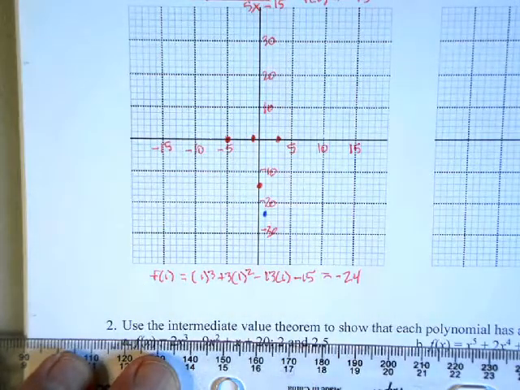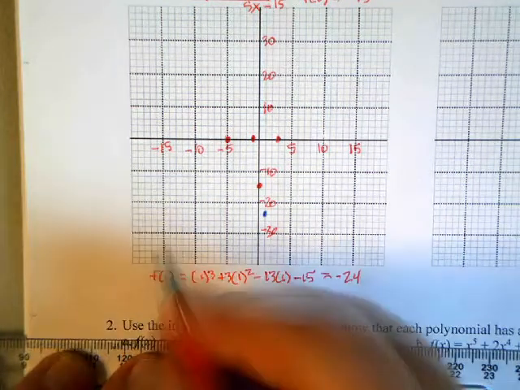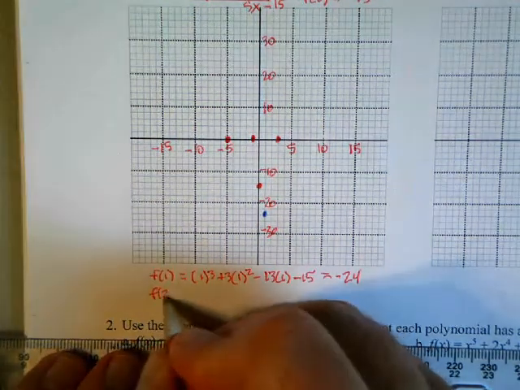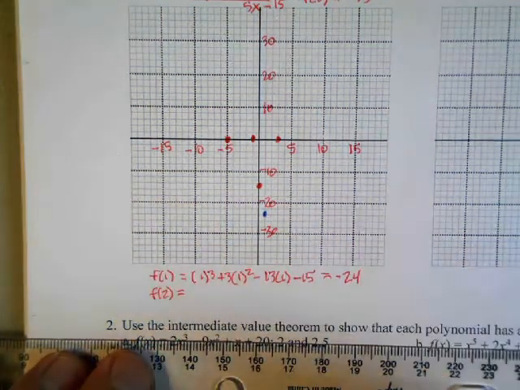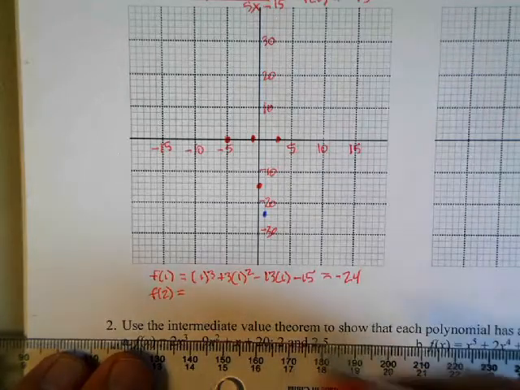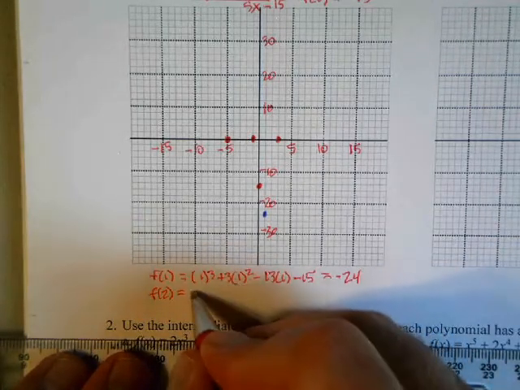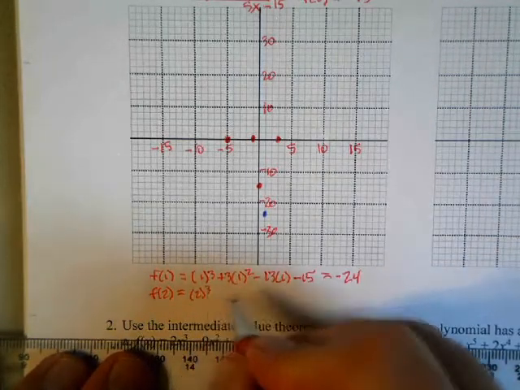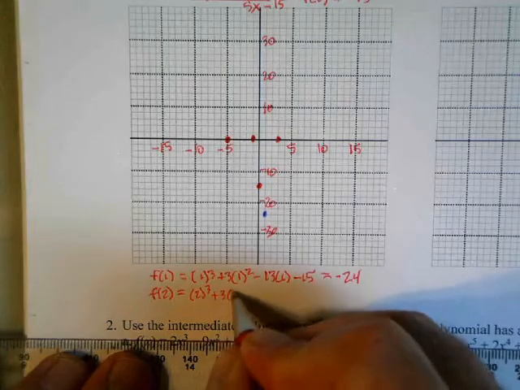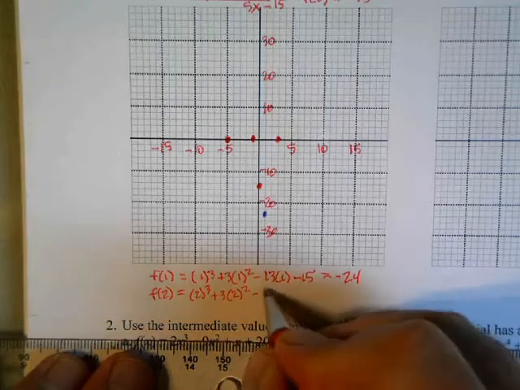Now, at f of 2, doing the same thing, so we're going to have 2 cubed plus 3 times 2 squared minus 13 times 2, subtract 15.